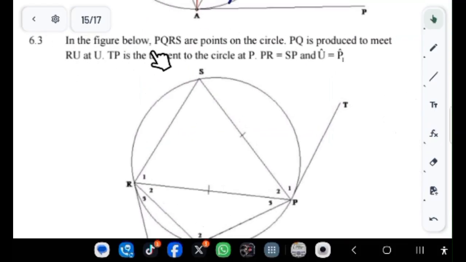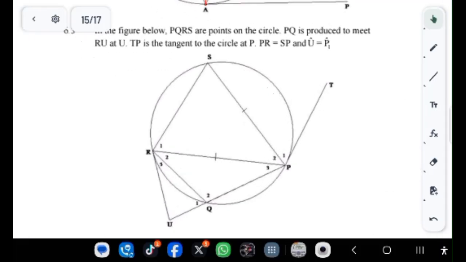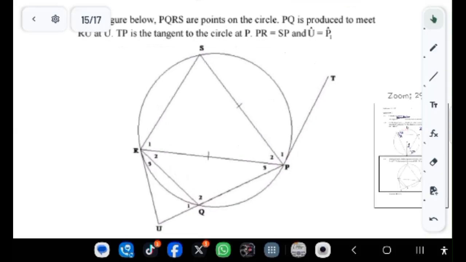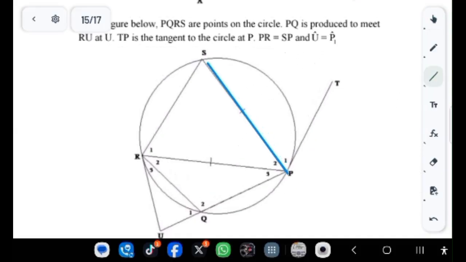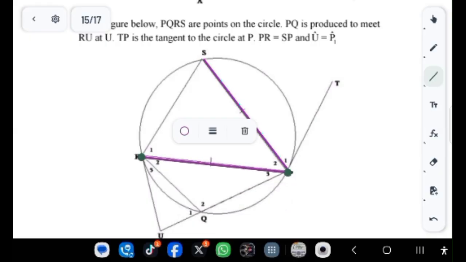Next question. In the figure below, PQRS is a point on the circle, PR equals SP. There it's drawn. Let's just highlight that. They are equal.